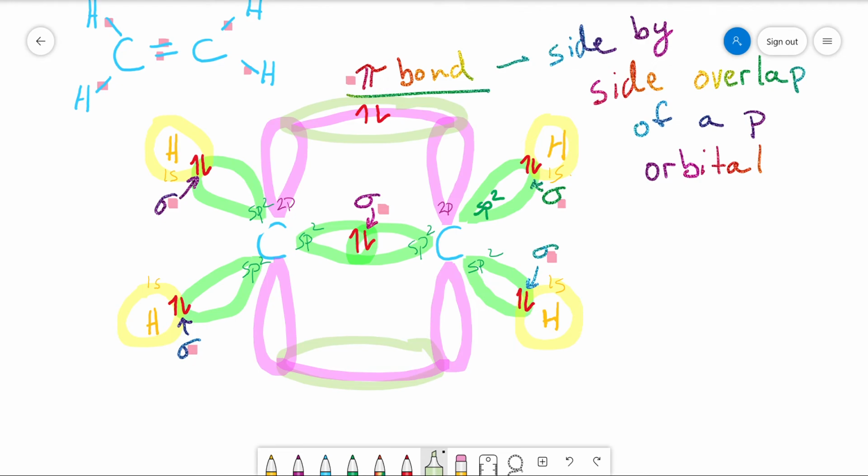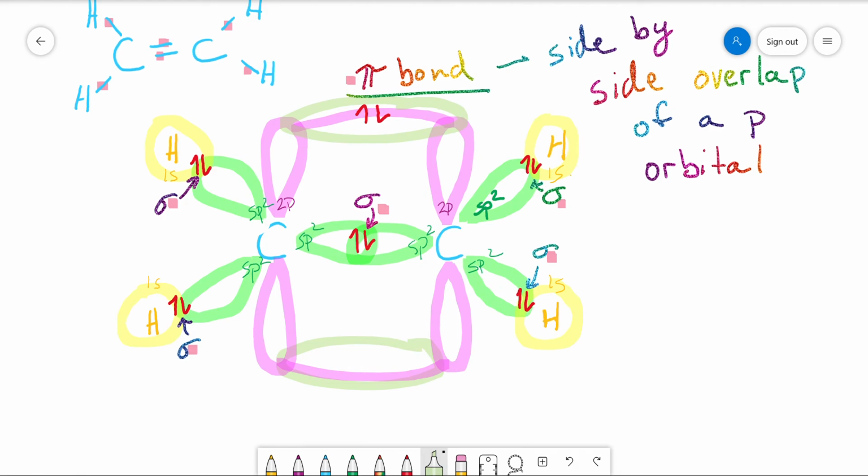The carbons can't rotate relative to each other. They are locked in a rigid position. If this were just a sigma bond, it could spin along that axis. But because there's a pi bond above and below, it is rigid and it cannot move. So that is really, really important.